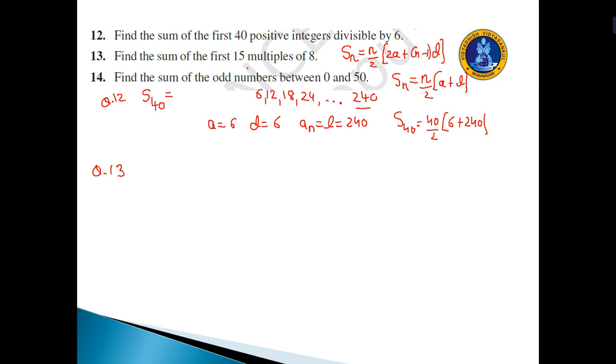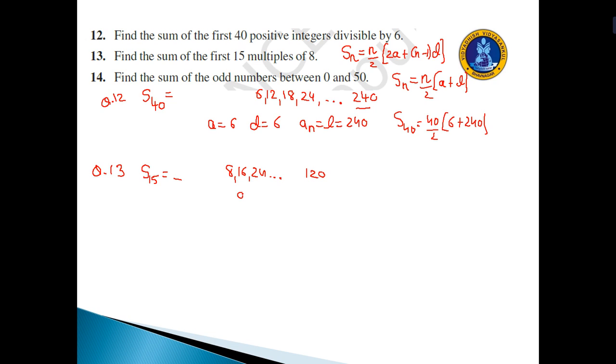Find the sum of the first 15 multiples of 8. So we have to find S15. Multiples of 8 are 8, 16, 24, and so on, the 15th being 15 eights are 120.